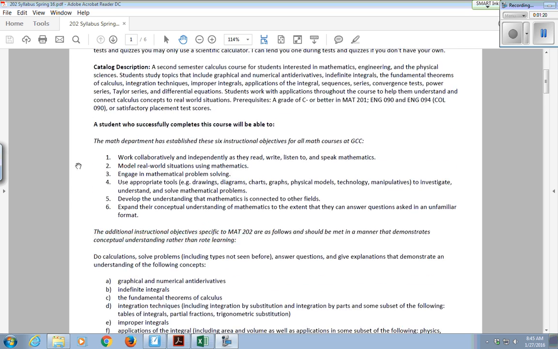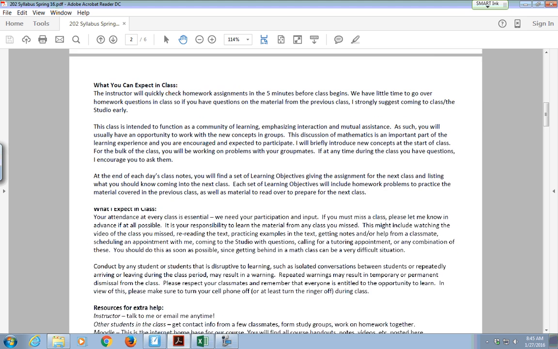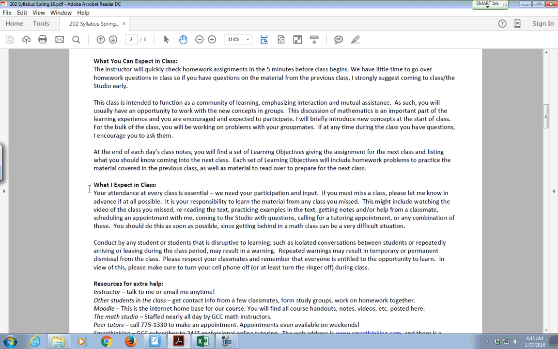We'll talk a little bit about what Calc 2 is in a minute, so we're just going to jump over all of this. If you were in my class last semester, the class is going to be run very similarly, except you're not going to hand your homework in. I'm going to look at it in the 5 minutes before class starts. I will come around, look at your homework, and check it off.